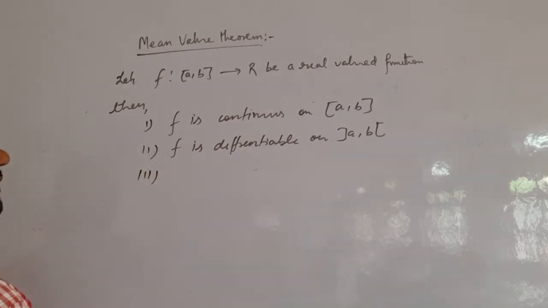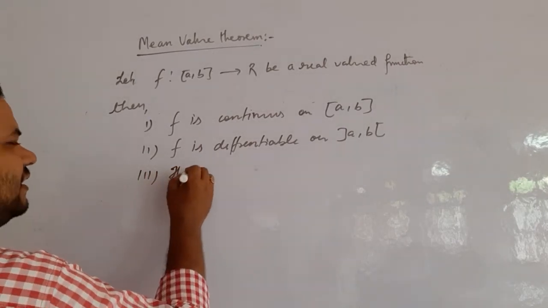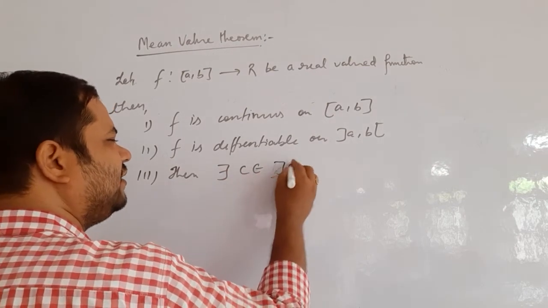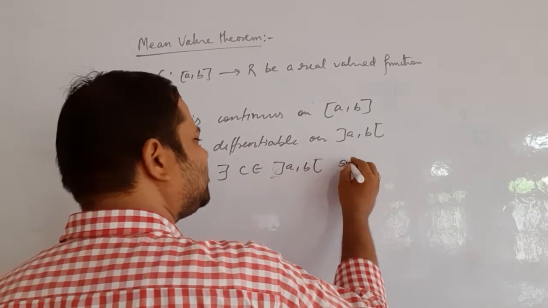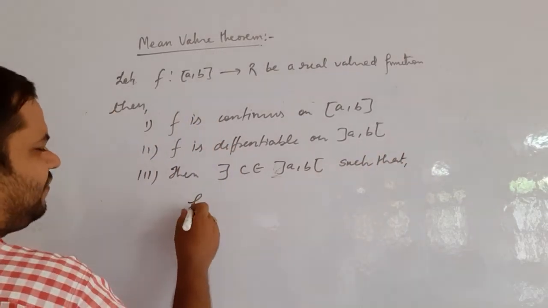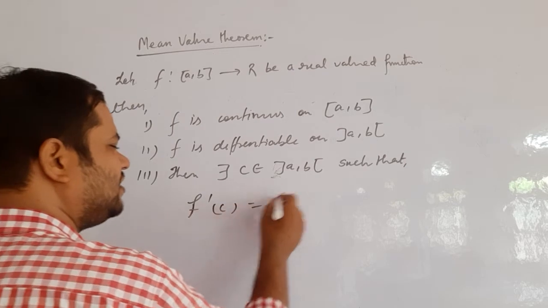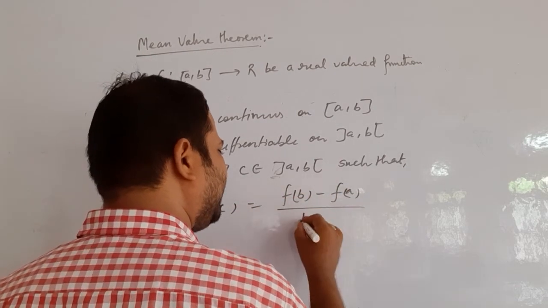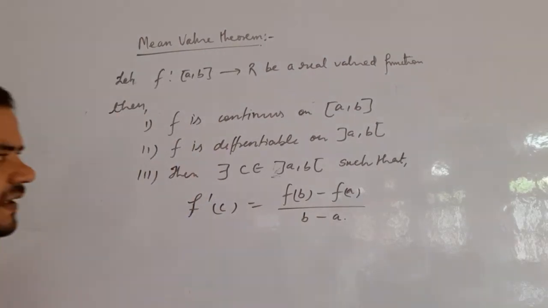And third, then there exists c belongs to open interval (a, b) such that f dash c is equal to f(b) minus f(a) divided by b minus a.